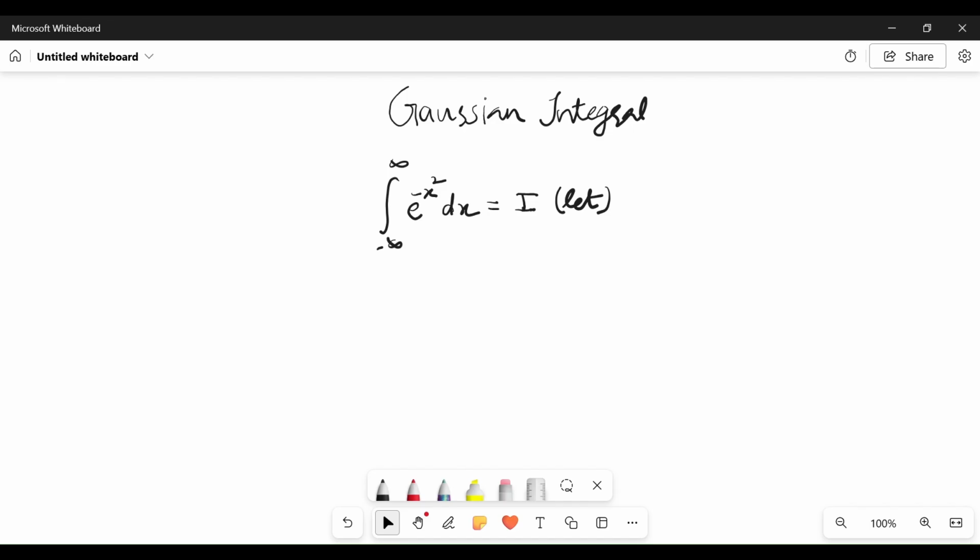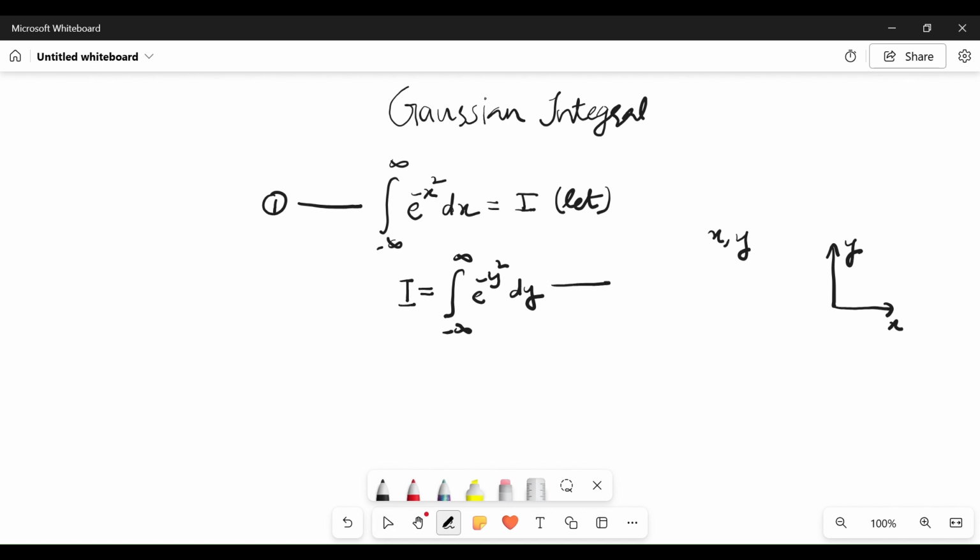And here I am considering the xy coordinate system. So if this is true for x, then this must be true for y as well. Let us take this as equation number 1 and this as number 2.